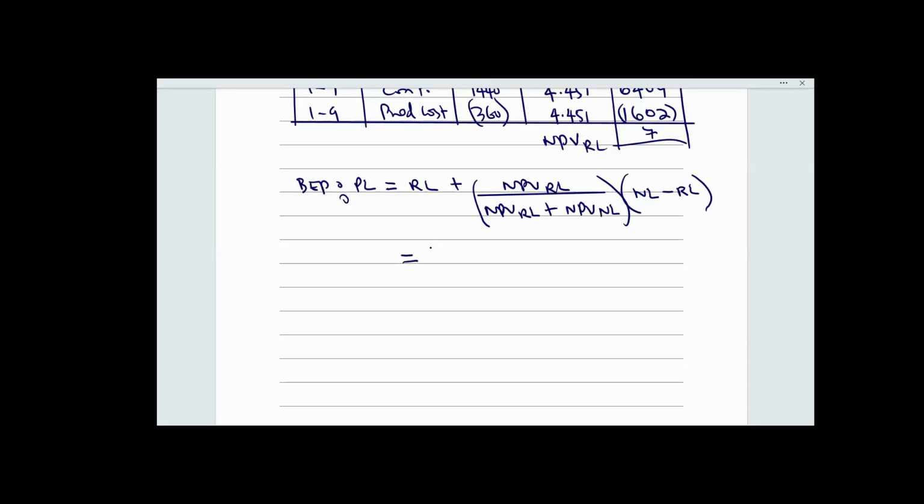Reduced life is 9 years. NPV of the 9 years is 7, over 7 plus NPV of normal life, 232. Then multiply by normal life of 10 years minus reduced life of 9 years. So this will give us 7 divided by 239, multiply by 1.